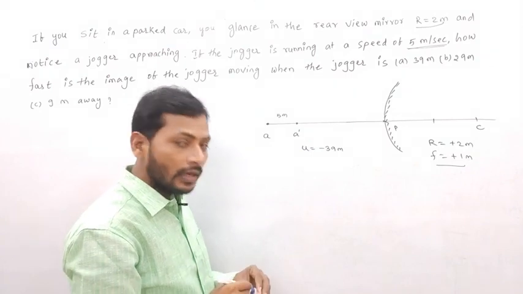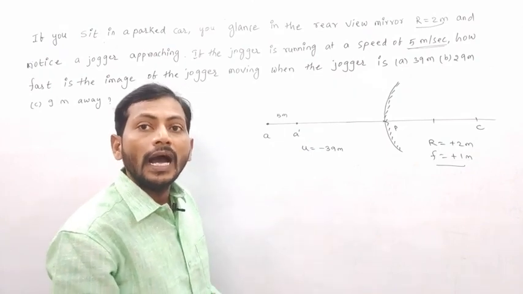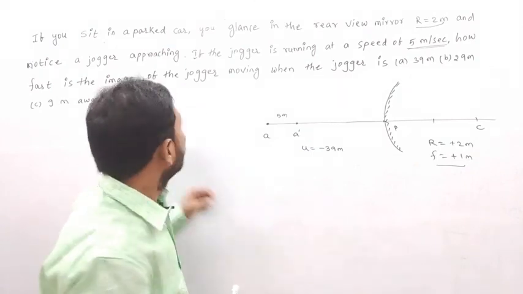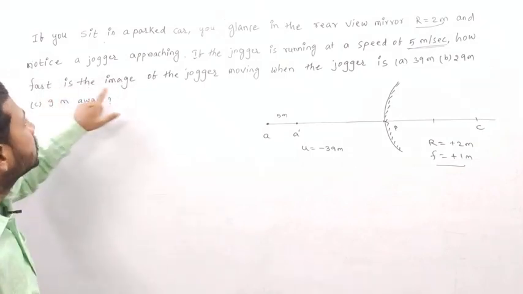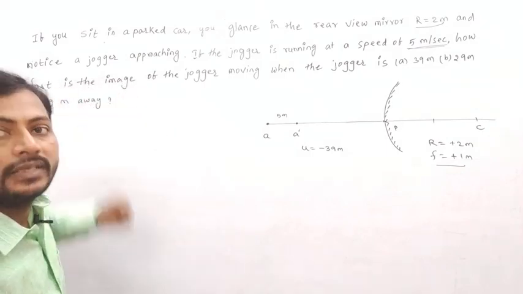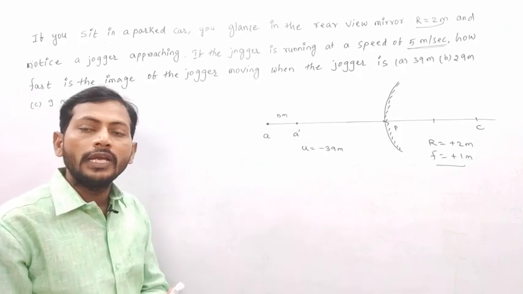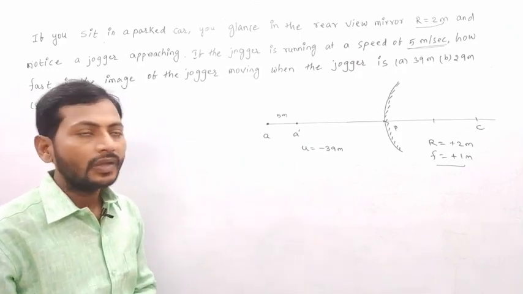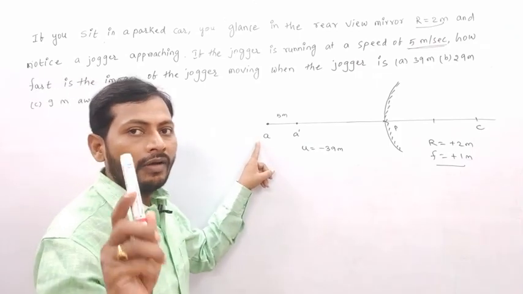Now observe what I want to calculate: the speed of the image. The object travels 5 meter in 1 second.